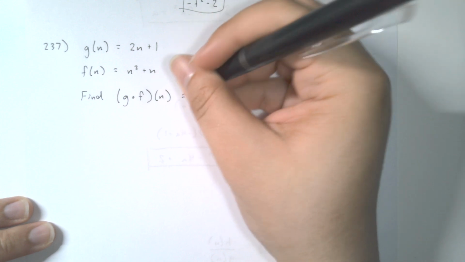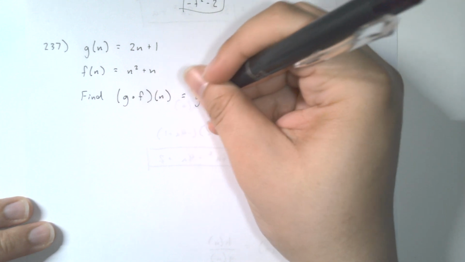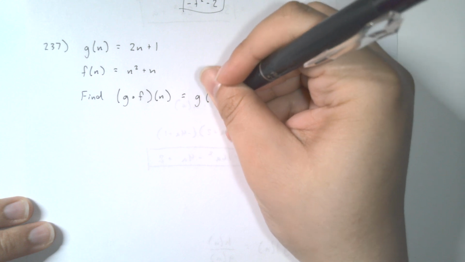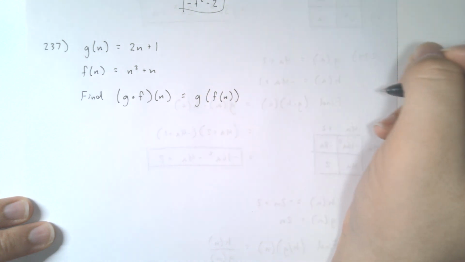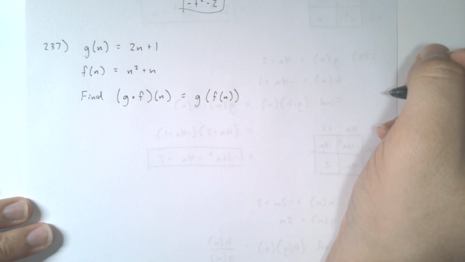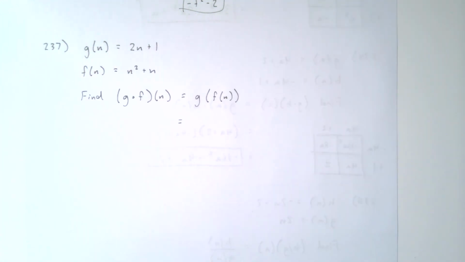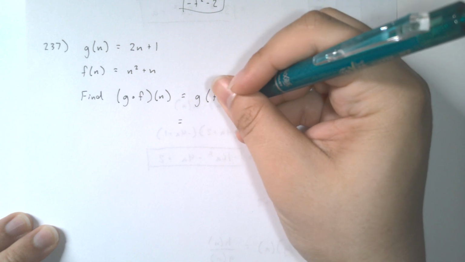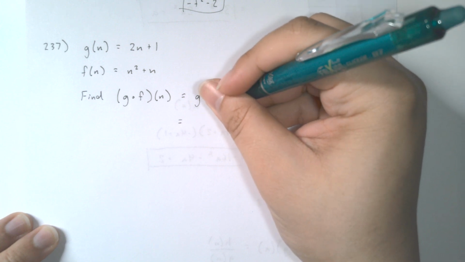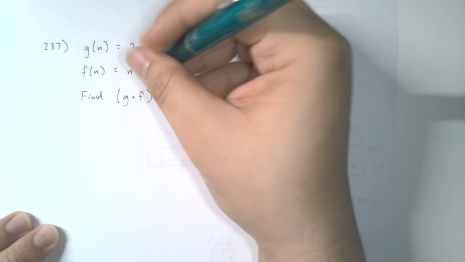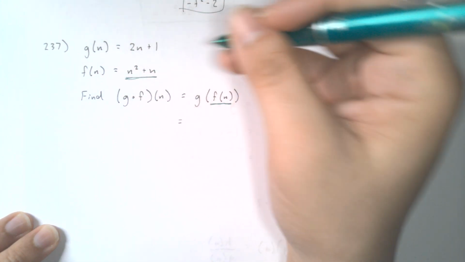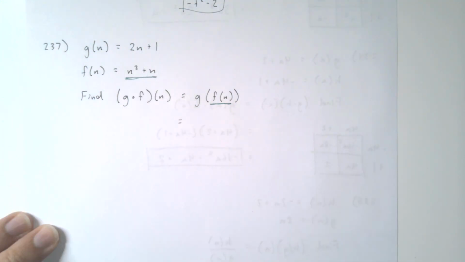So this means g of f of n. And so this one's a little bit trickier. Basically what we want to do is, let me use a different colored pen here. We want to take all of f of n and input it into g of n.